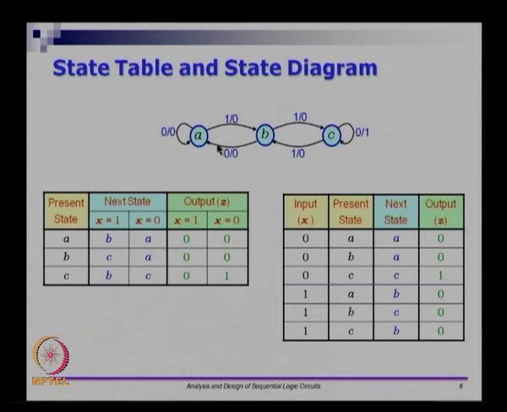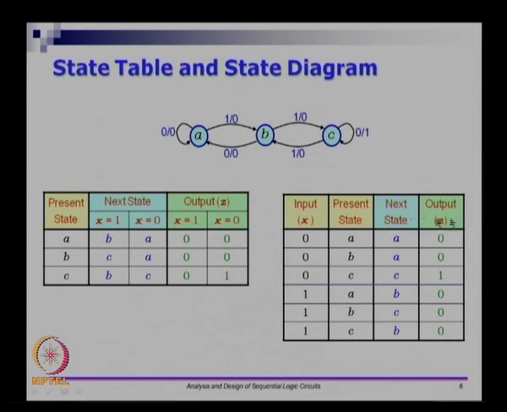So if you are given a state diagram, you should be able to draw a state table. If there are 2 inputs here, then this input combination instead of 0 and 1, you may have 0 0, 0 1, 1 0 and 1 1. So in general, if you have n inputs and if you have m states, then you will have 2 power n into m rows.